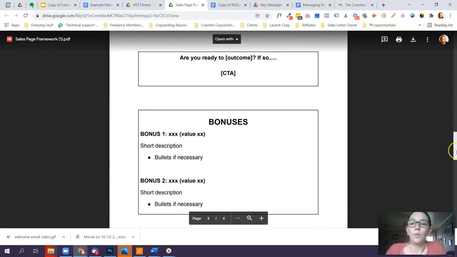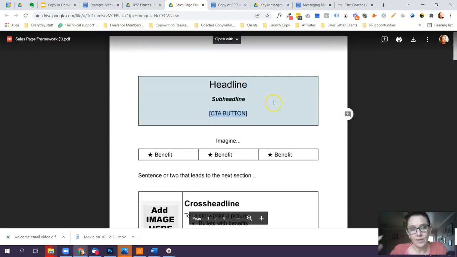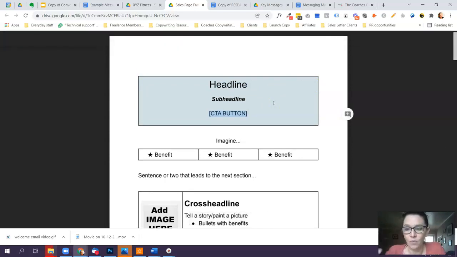But as I say, this is a starting point, and when I work with my clients, it's not one size fits all. There's a lot that can be moved around and changed, but this gives you a really good starting point.